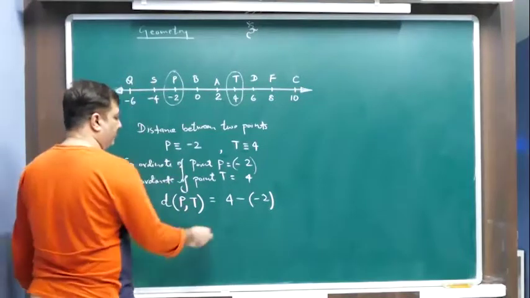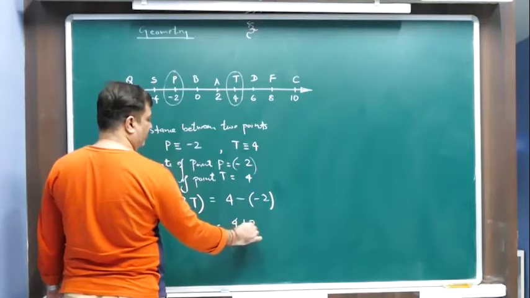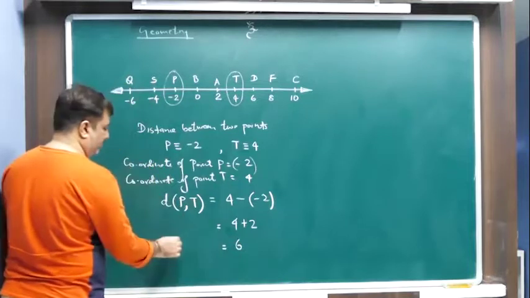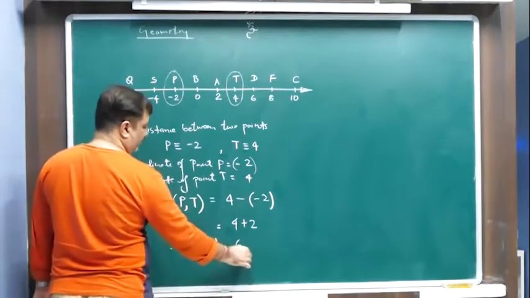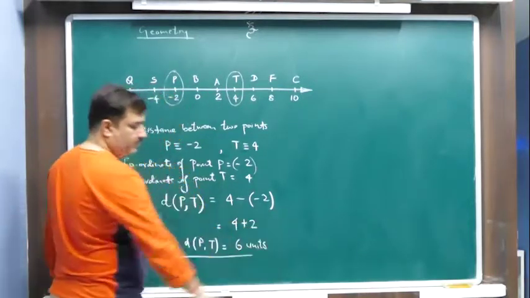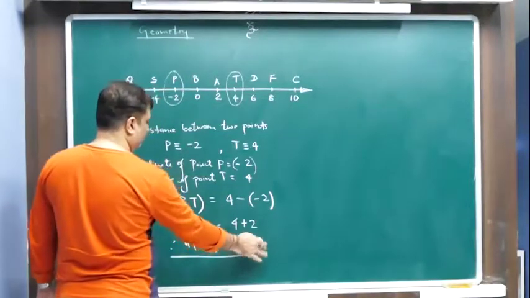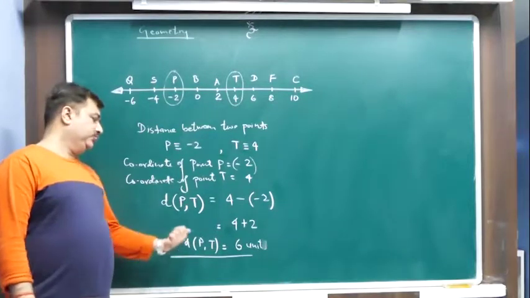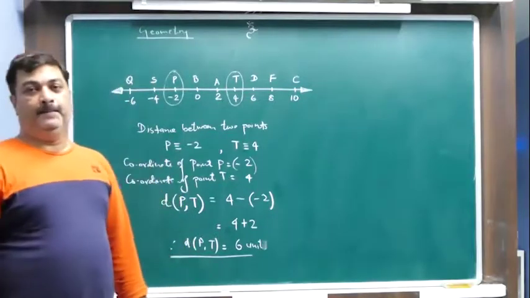Now how do you solve this mathematically? 4 remains 4, minus into minus becomes plus. So it becomes 4 plus 2, and 4 plus 2 gives you 6. So you will say, therefore, distance between P comma T equals 6 unit. Not units, unit. So distance between P comma T is equal to 6 unit. This is how you find distance.